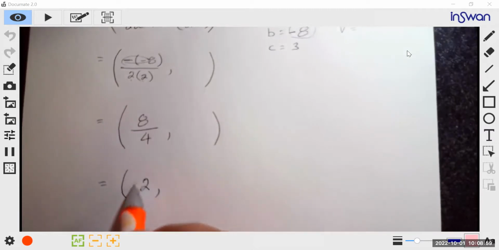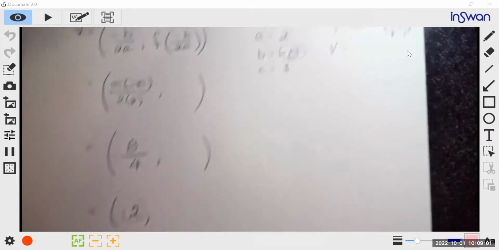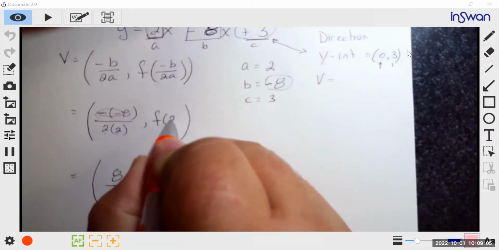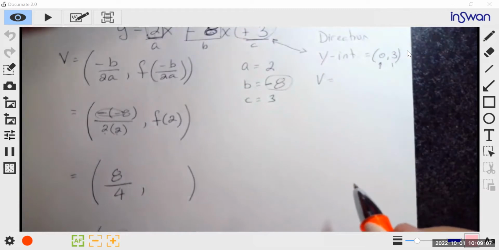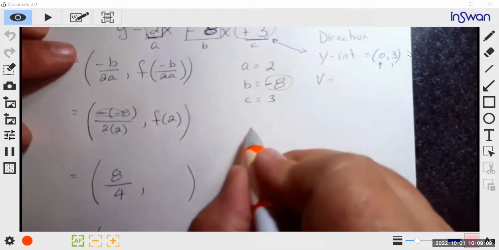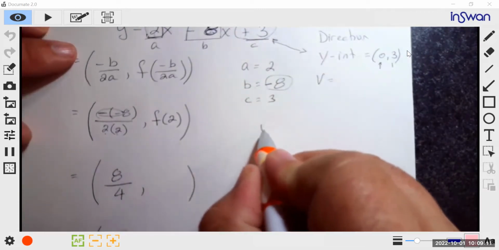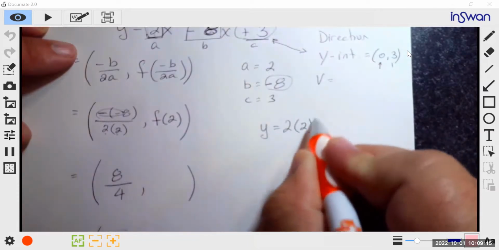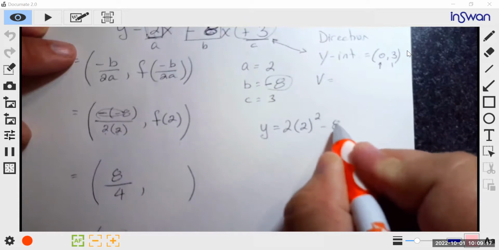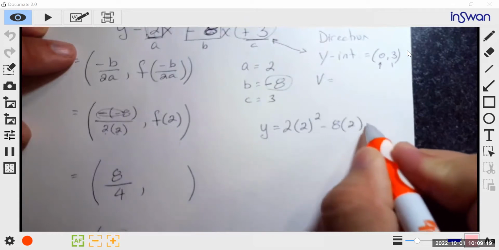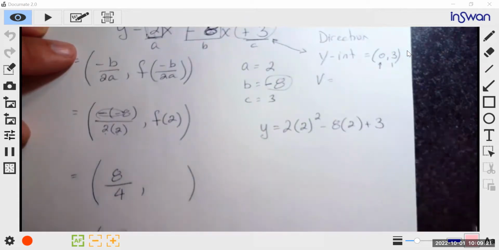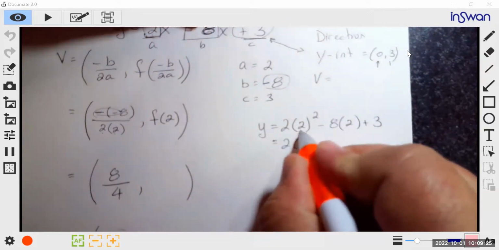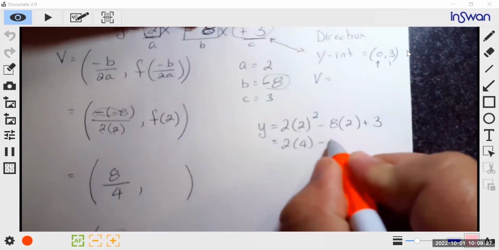What do you do with this number now? Yeah, now we plug it inside the function. Anywhere we see an X, we put a 2 in its place. Two squared is 4.